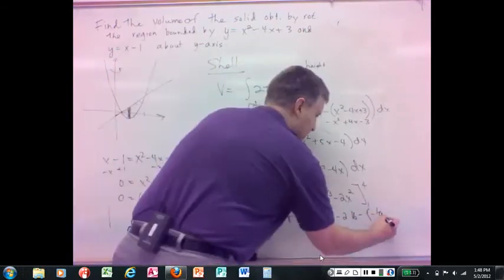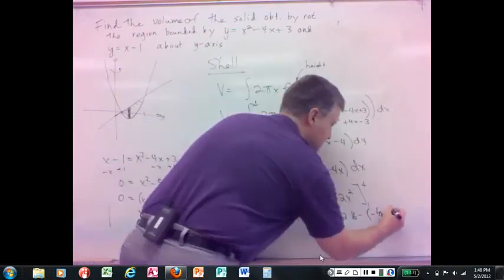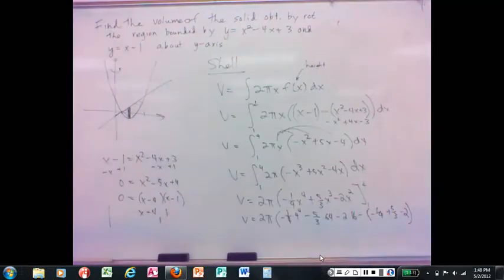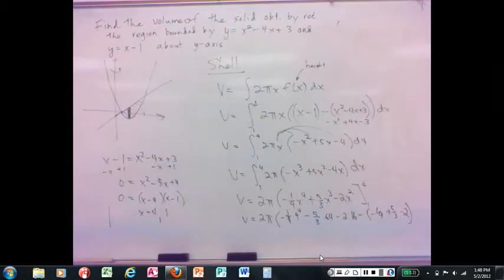Then plug in the 1, so that'd be minus 1/4 plus 5/3 minus 2.